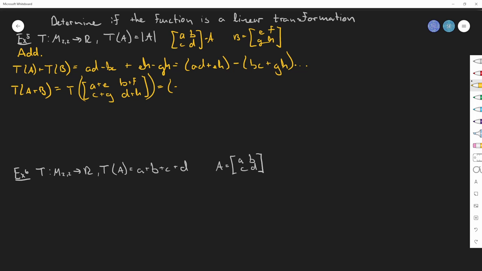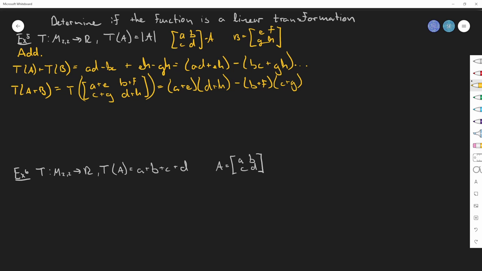That would be A plus E multiplied by D plus H, minus B plus F multiplied by C plus G.